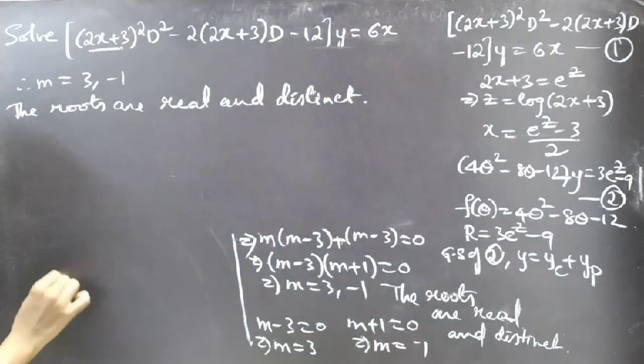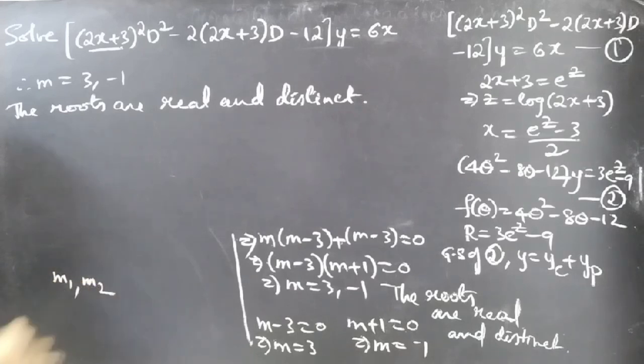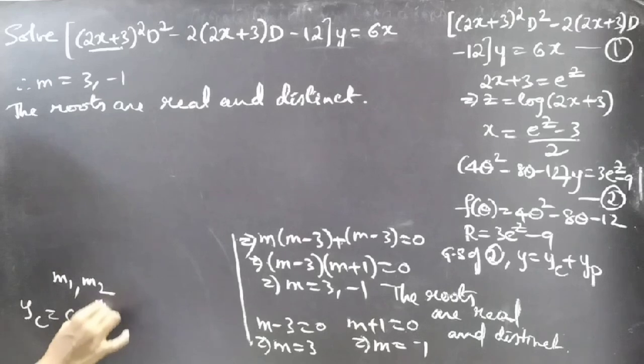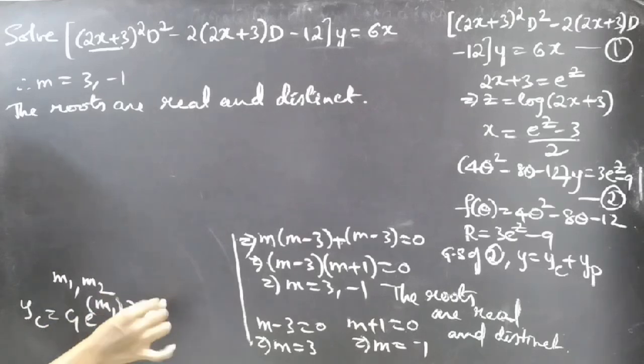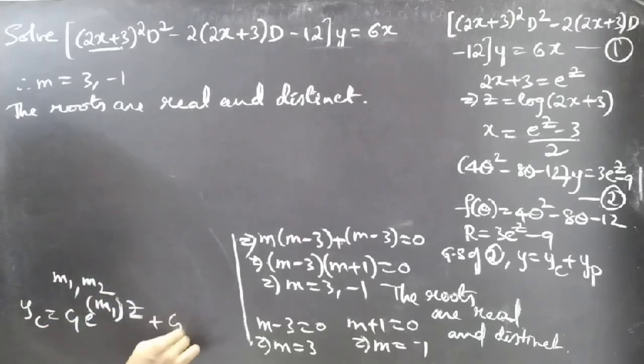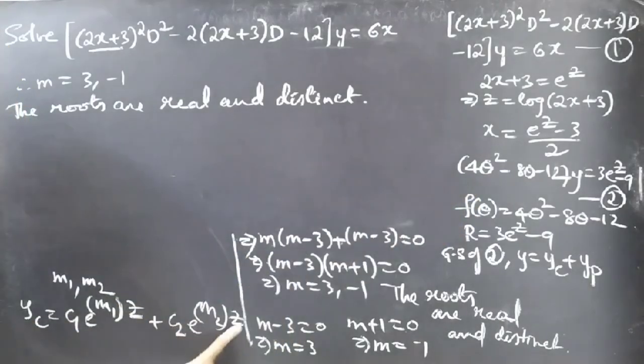We know that when two roots m1 and m2 are real and distinct, then yc will be c1 into e power one root into the variable z plus c2, another constant, into e power the other root into the variable z, right? Because here the equation is in terms of z, so we are using z instead of x. Don't get confused.